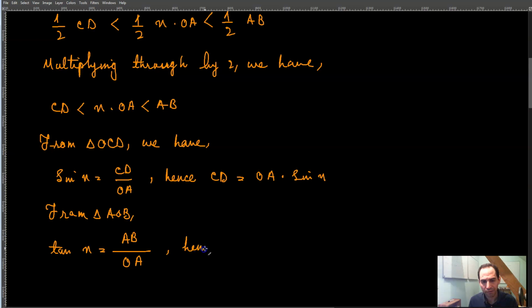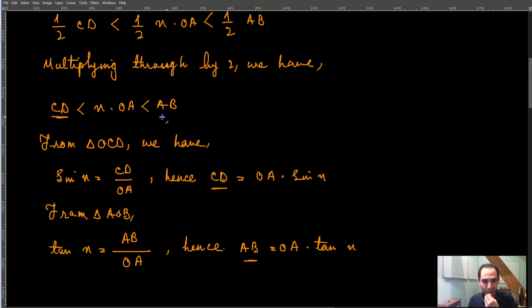And hence AB is equal to OA times tan x. So this is CD, and this is AB.